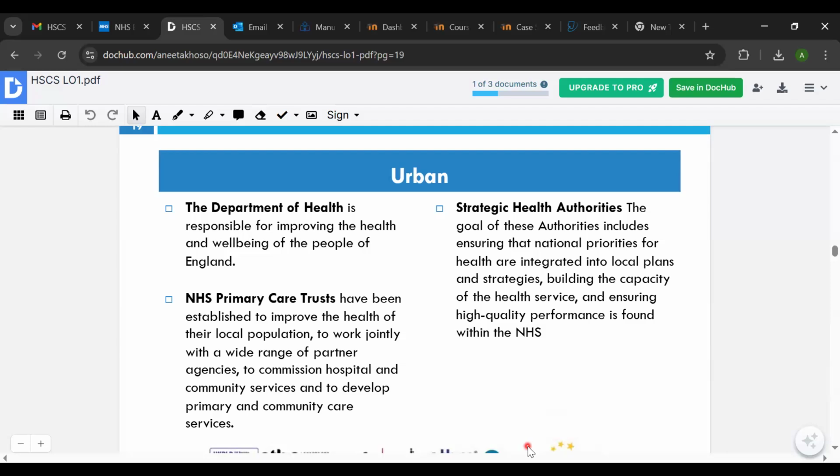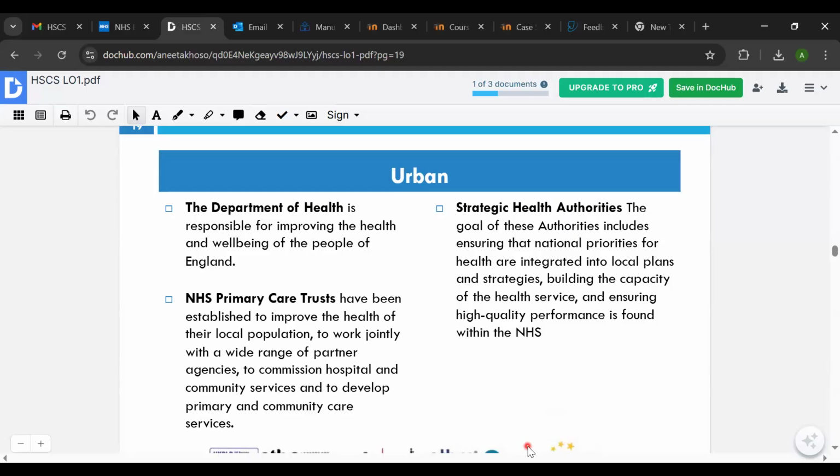And then there's a bit about what the urban environment offers. The Department of Health is responsible for improving health and well-being for people of England. You have NHS primary care trusts that have been established to improve the health of their local population. They work jointly with a wide range of partner agencies to commission hospital and community services and to develop primary and community care services.